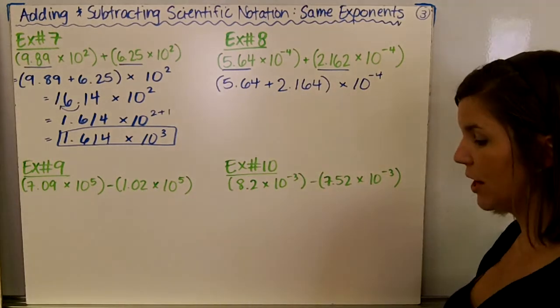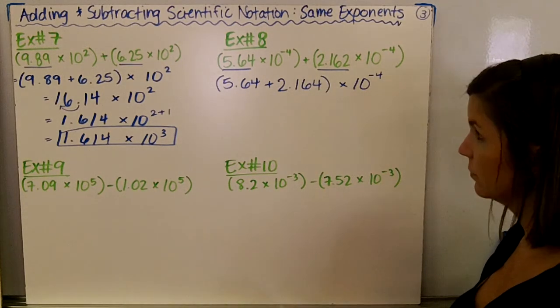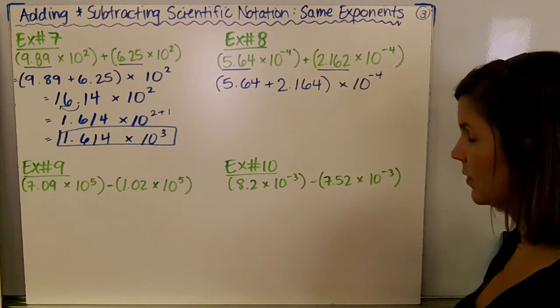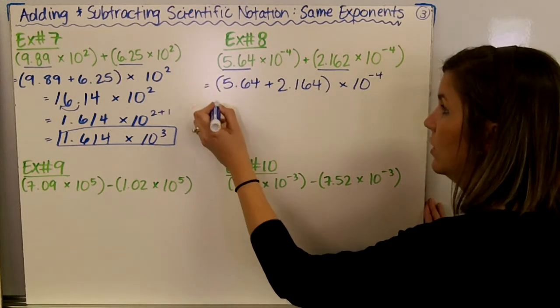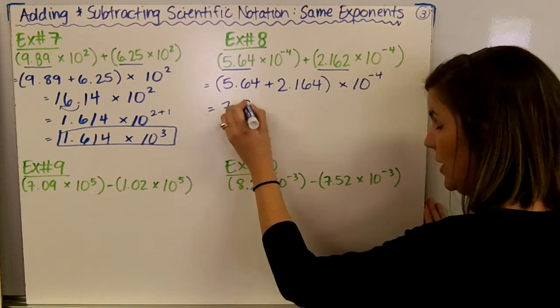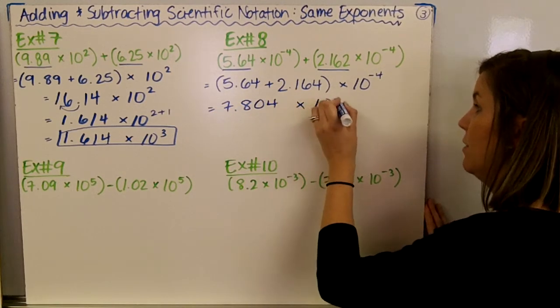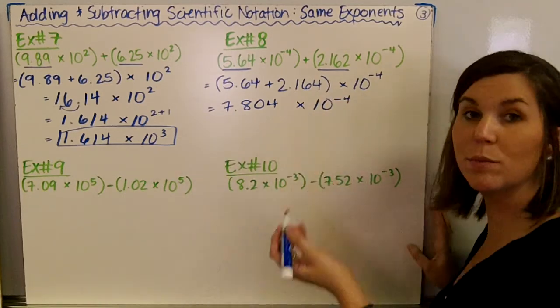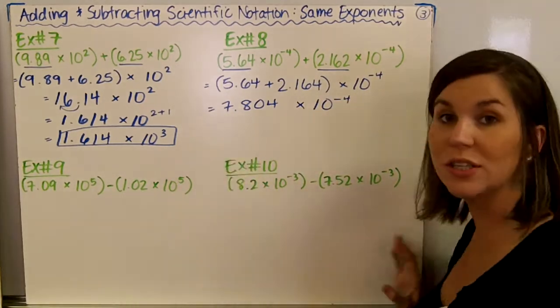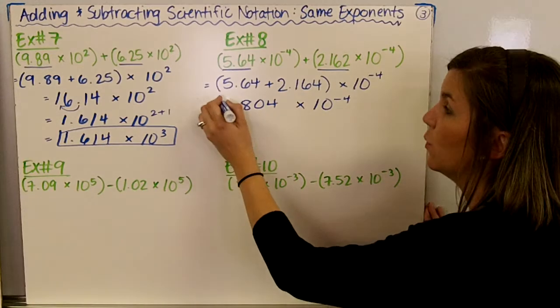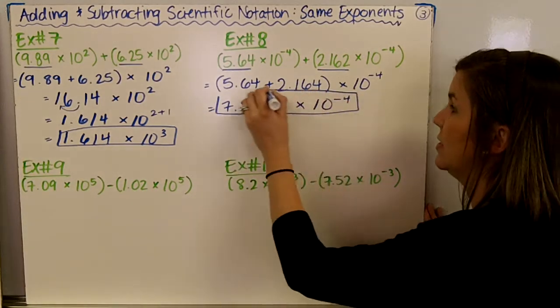Add these together on your calculator, and you should get 7.804 times 10 to the -4th. Now, is this number in scientific notation? Only 1 digit is in front of the decimal, so we already have our number in scientific notation.